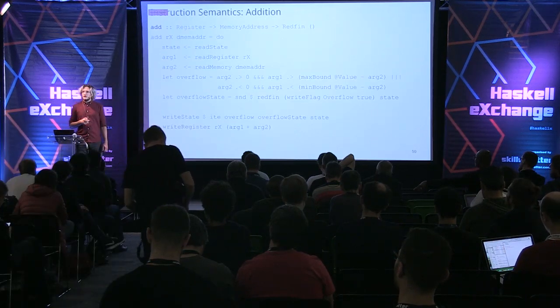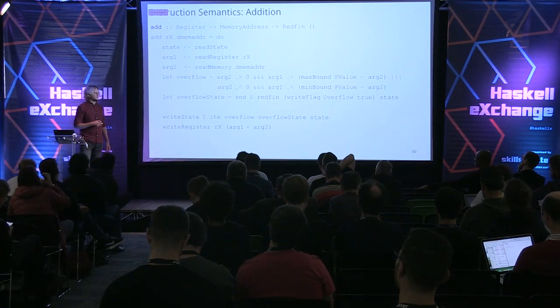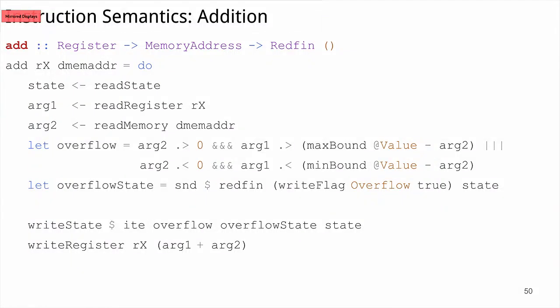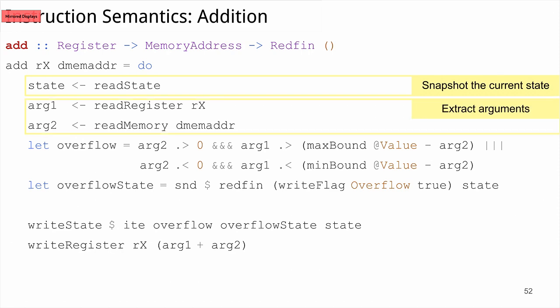And the Haskell implementation of that is, again, the computation in the state monad. We first need to extract the snapshot of our current state, the arguments from the registers, and from a memory location. Now we need to compute the pure value, which is the symbolic overflow condition.